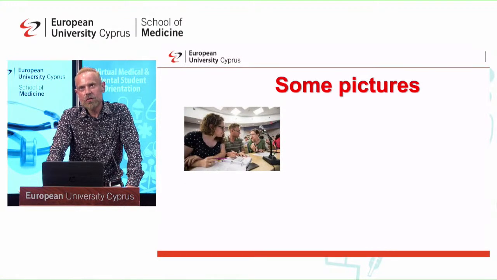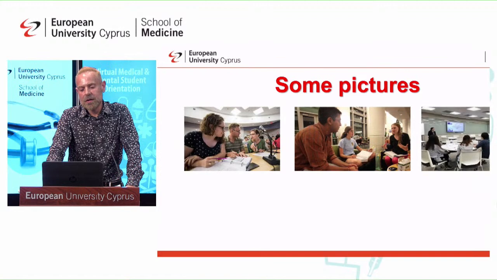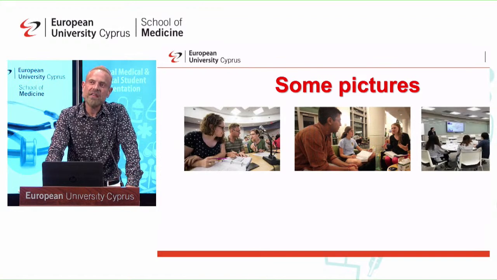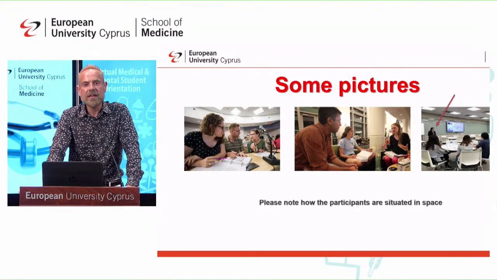And these are pictures from students. And you see that these students all work together. But I want you to notice the difference. These students all work together and they appear to be on the same level, but I want you to notice that in one of these pictures, one student appears to be different, and this student is here.